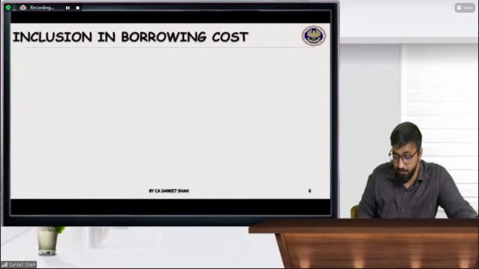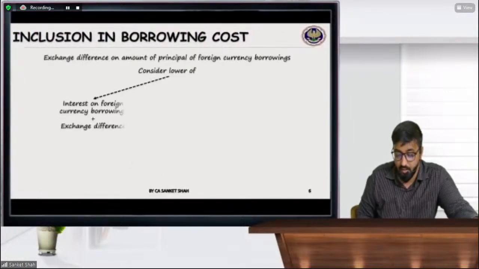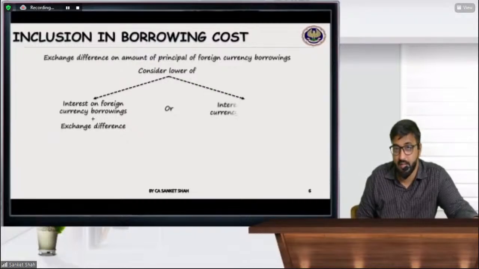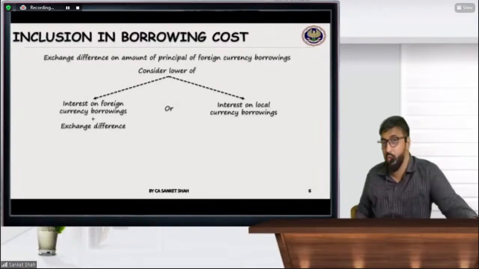So exchange difference, now let's understand. Interest on foreign currency borrowings plus exchange difference. So in our example, 4,400 plus 10,000, or interest on local currency borrowings, whichever is lower.